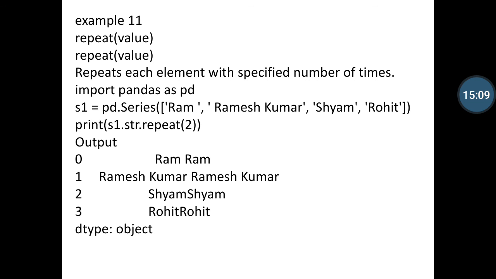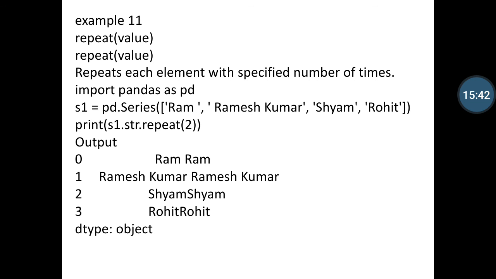First of all we create an s1 series using the pandas library and put the values Ram, Ramesh Kumar, Shyam, Rohit, and after that print s1.str.repeat 2. That's why I am defining a 2. It means it multiplies the string. After executing it displays Ram 2 times. If I define 3 here, Ram is displayed 3 times in our output.